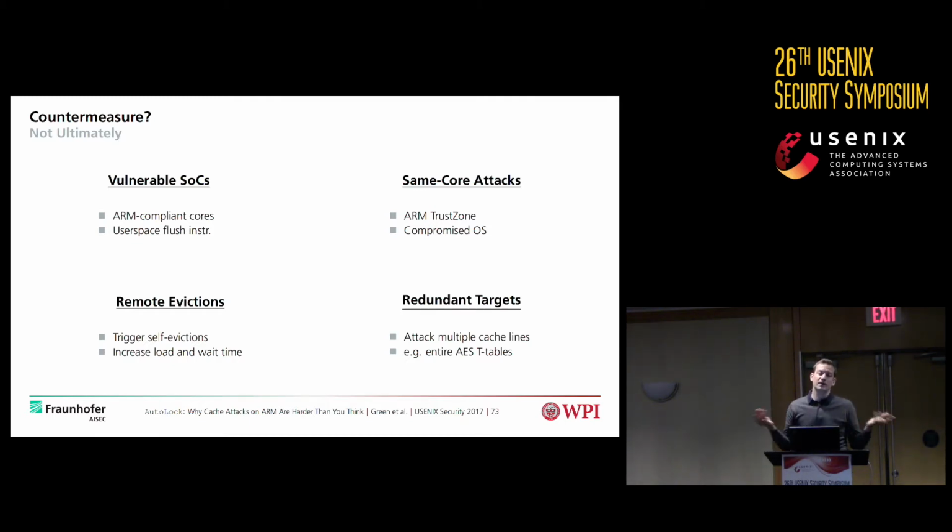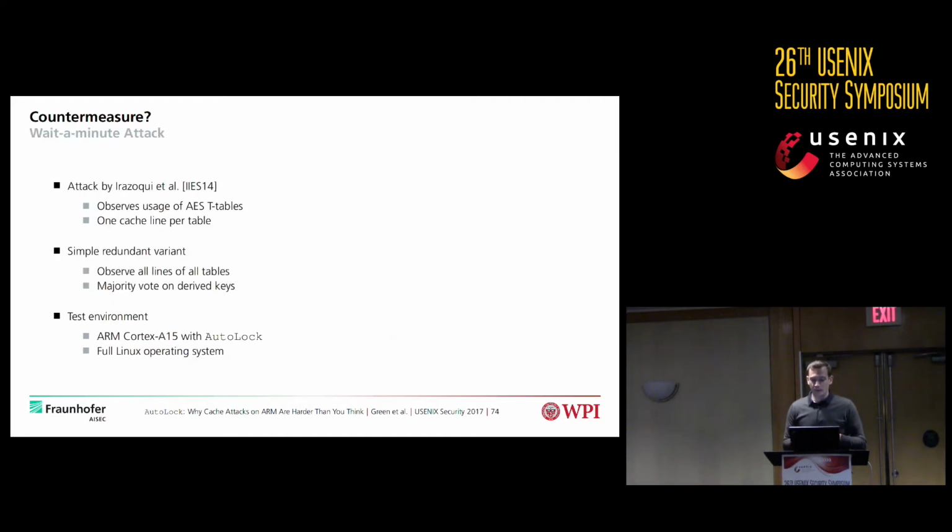But if you think of AES tables, for instance, that are stored on a large number of cache lines, then it might be possible to observe more than just one line and still learn something from our target. To demonstrate this, we implemented a cross-core attack.